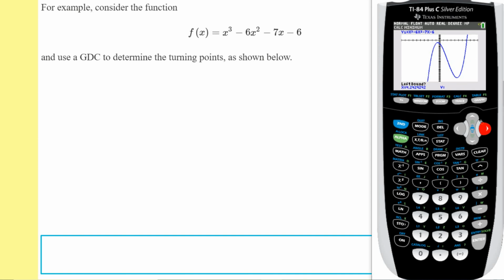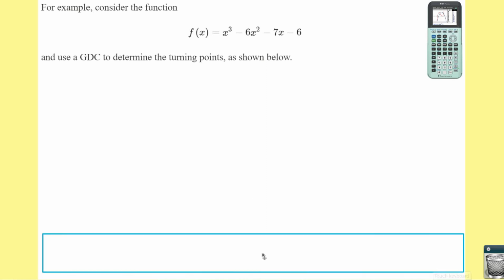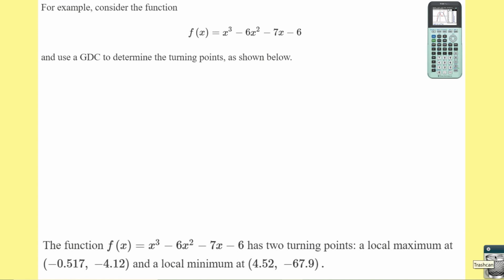So I'm going to do here for left, here for right, and my guess. There we go. So then this is my minimum on my calculator. So let's check it, see how it did. And yep, those are the points that we got.